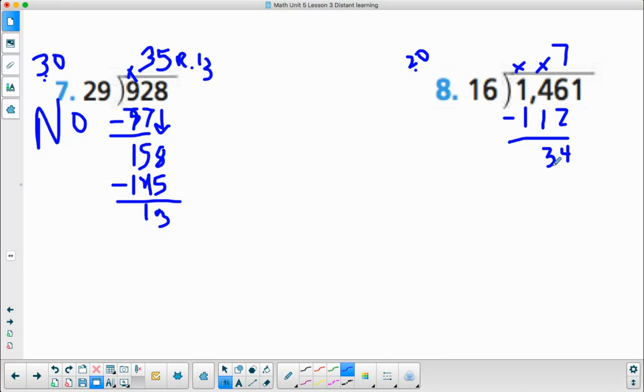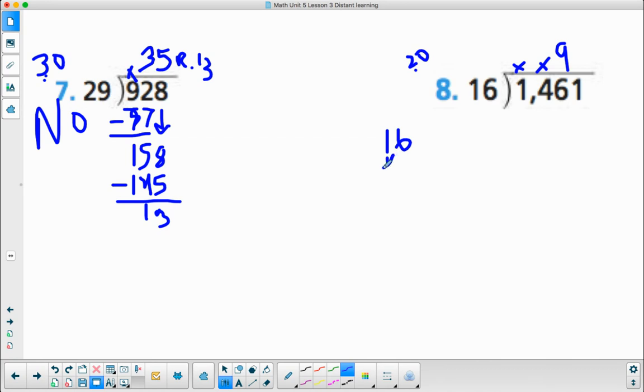I can get more out of there, can I? So I'm going to adjust up from 7. And wait a minute. I know there's more than 1 16 in 34. There's 2 more. So I'm going to adjust not only up to 8, I'm going to adjust up to 9. 9 multiplied by 6 is 54. I better do it on the side.